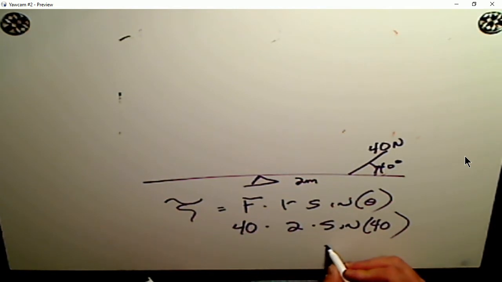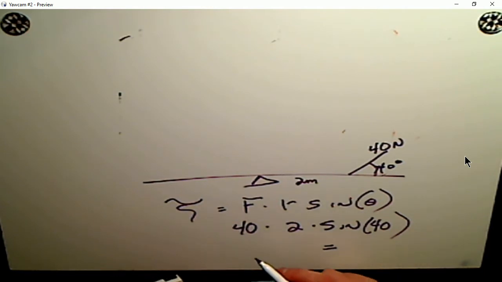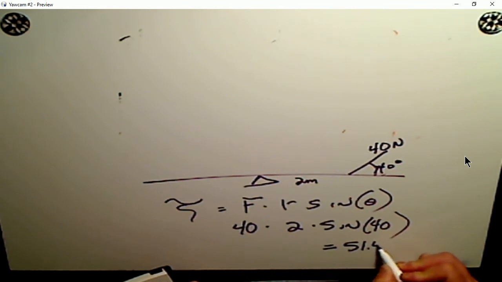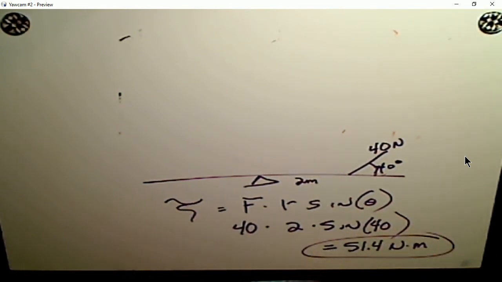What are we getting as the torque? If we're having 40 times 2 times sine of 40, you should be getting something like 51.4 newton meters, which is the unit for torque. As you would expect, force times the radius equals the torque.